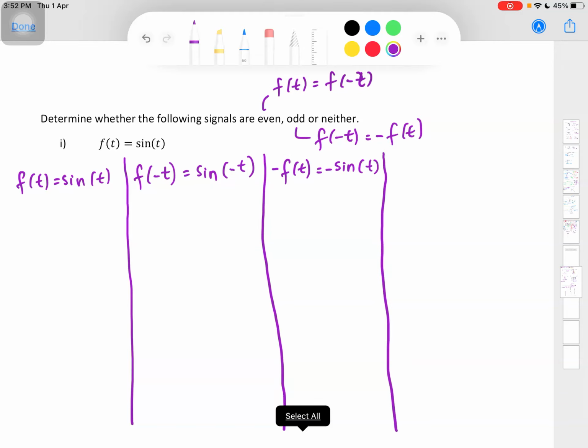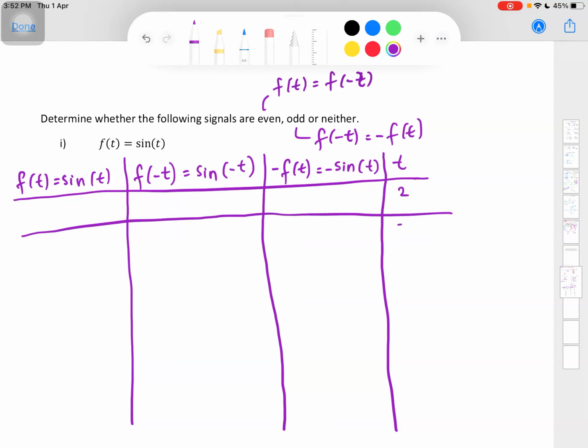What we are going to do is calculate the value of sine t, sine minus t, and minus sine t at different values of t. You don't have to use too many, just enough to see the pattern. So let's say maybe we try 2 and 4. That's actually enough for us to look at the pattern.